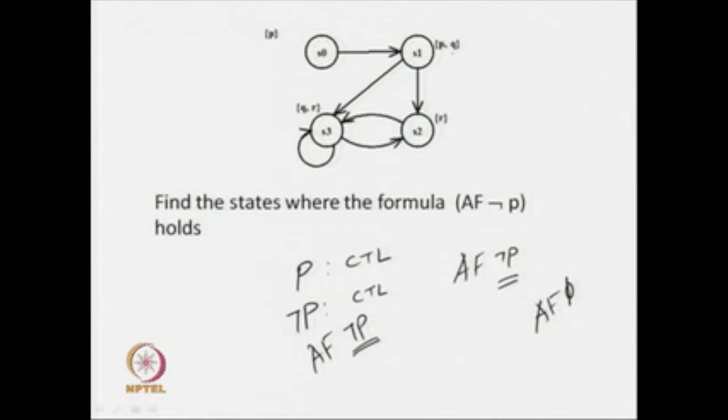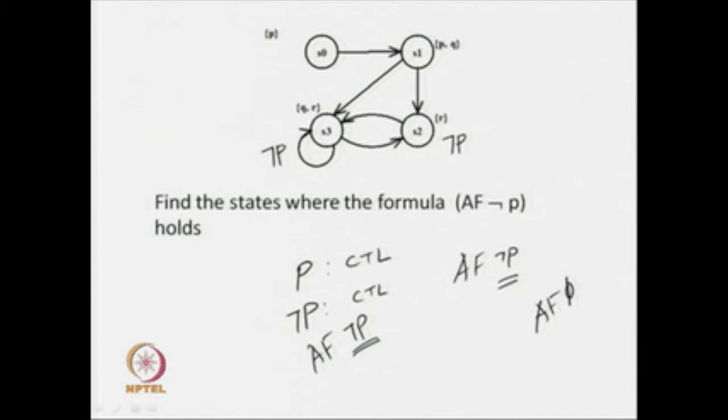In S1, P and Q are true, that means P is true over here. In S2, it is labeled with R. So, what does it mean? It says that P and Q are not true over here. So, we can say that not of P is true over here. Similarly, in S3, it is labeled with Q and R. So, it is not labeled with P. So, we are going to say that not of P is true over here.